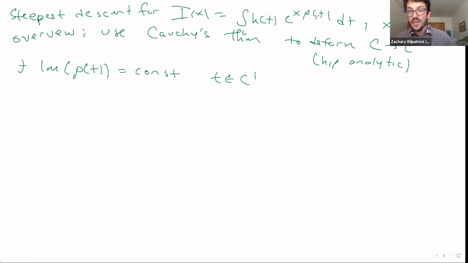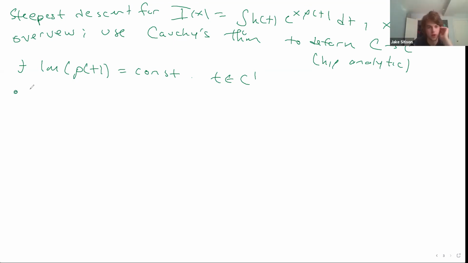And so this should feel a little bit like stationary phase or maybe like Laplace's method, because we're trying to find some region where we have a flat part of our function that's going to create a large contribution because it's not changing very much, even though it has this prefactor that's very large, okay?